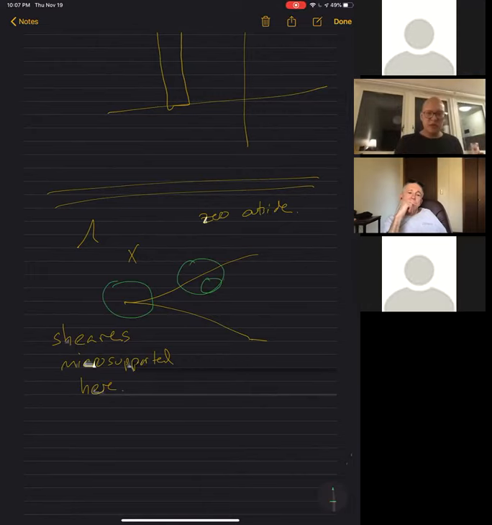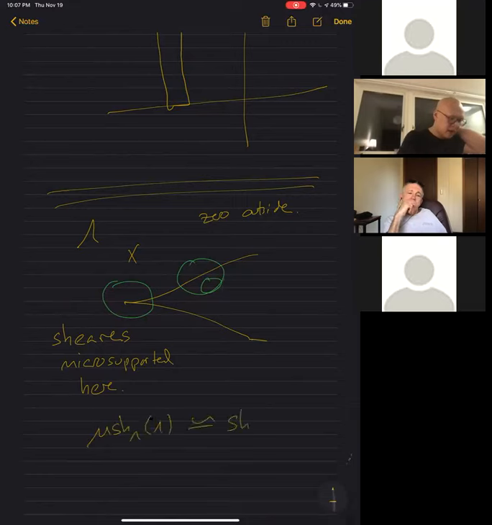By purely geometric arguments in the beginning of the talk, I explained that. And as a consequence, when you contemplate this picture, you learn by the same sort of arguments that mu sheaves lambda lambda is isomorphic to sheaves on this whole plane.